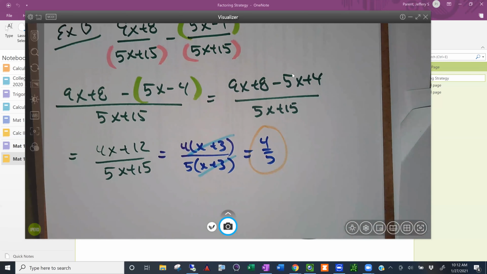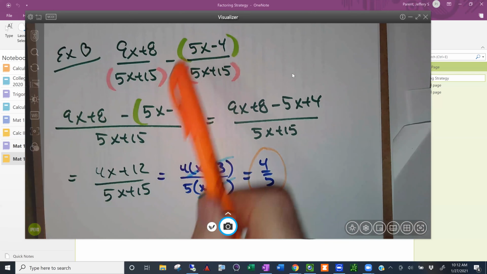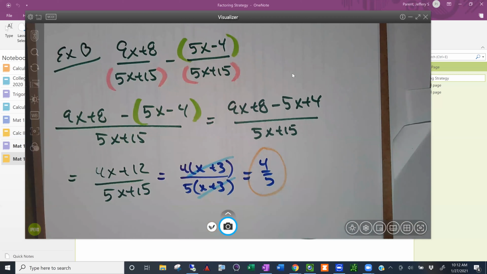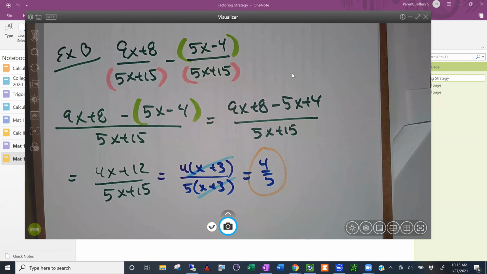So you just got to be a little bit careful when you're subtracting to subtract. Maybe put parentheses around this like I did so that you distribute that negative to both terms. Now, we were lucky in this one because we started out with a GCF. We're not always going to be quite so lucky.